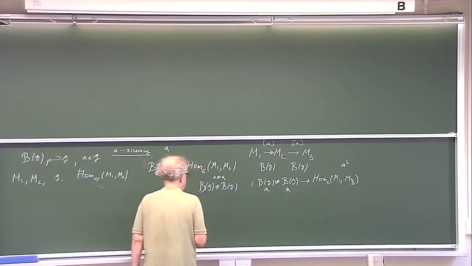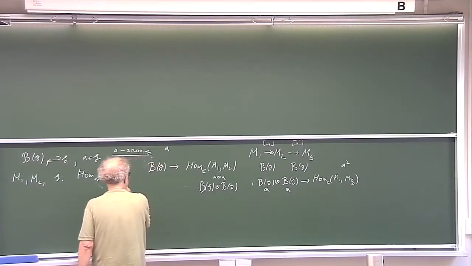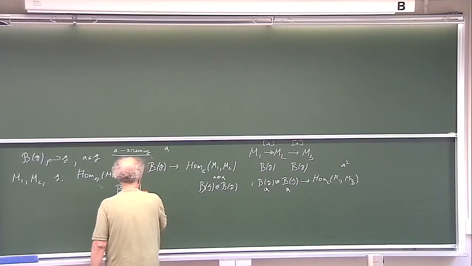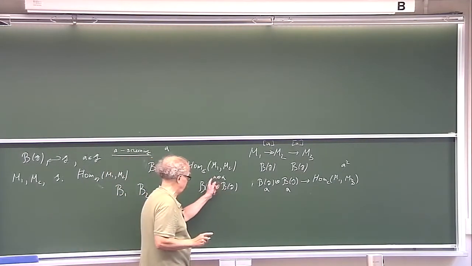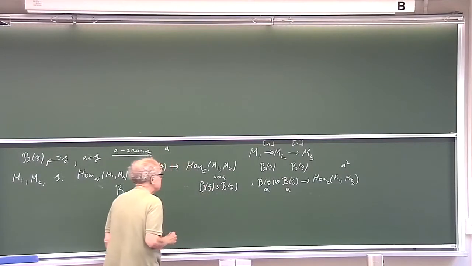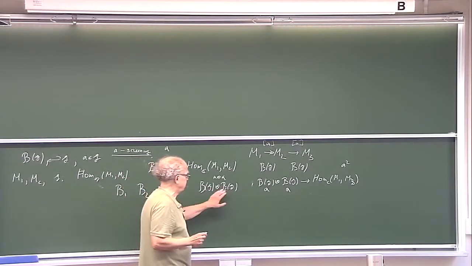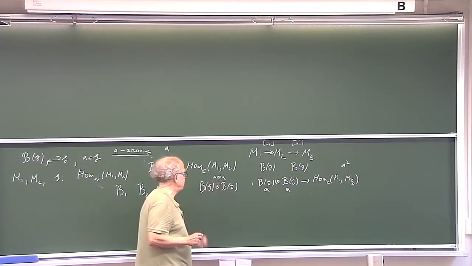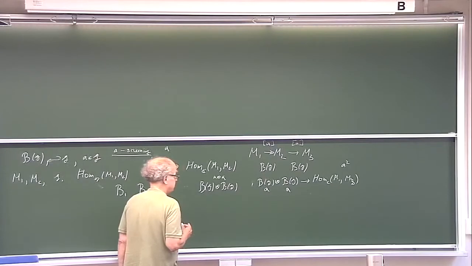My first bimodule I denote by B1, and this second, maybe B2. It is some submodule here generated by this. And actually, the second bimodule surely belongs to the symmetric power, because A times A is symmetric with respect to permutation.